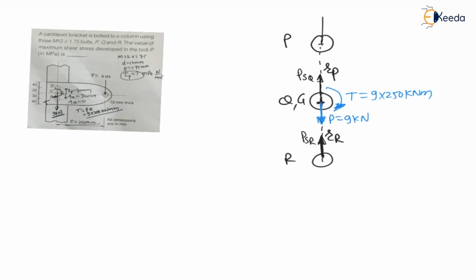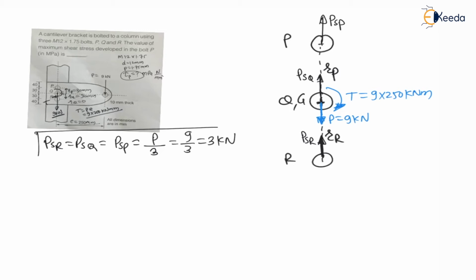Again there will be a primary shear load in P, which is PSP, right? And we know that the primary shear load is equally distributed in all the bolts, that is PSR is equal to PSQ is equal to PSP, that is primary shear load is equal to total load divided by number of bolts, 3, which is 9 divided by 3, which is nothing but 3 kilonewton. Therefore the primary shear load in all the bolts is 3 kilonewton.